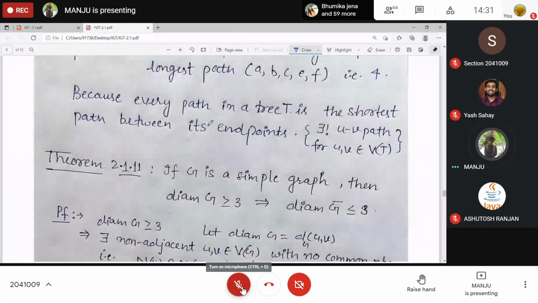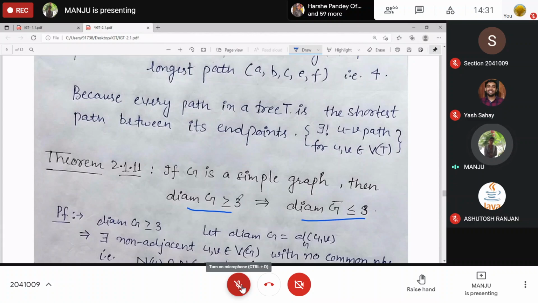Here you can see, we discussed that if G is a simple graph and the diameter of G is at least 3, then its complement will have diameter at most 3.